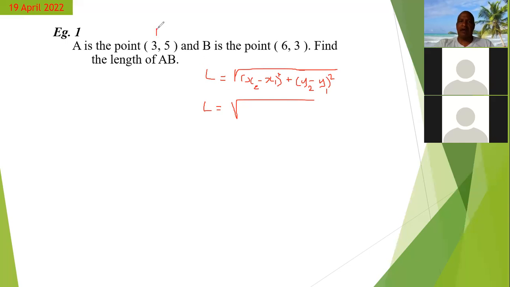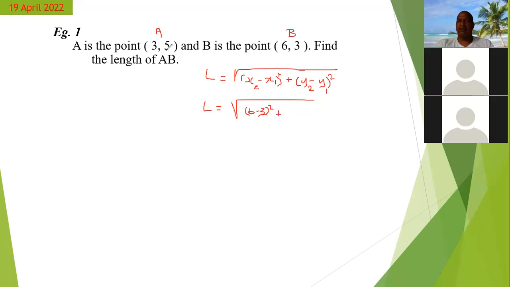All right, so let us check it. This is the point A, and this is the point B. And remember now, if we are taking away A from B, then we take away the x of A from the x of B and the y of A from the y of B. So we're going to take away 3 from 6. So we'll get 6 minus 3 all squared.